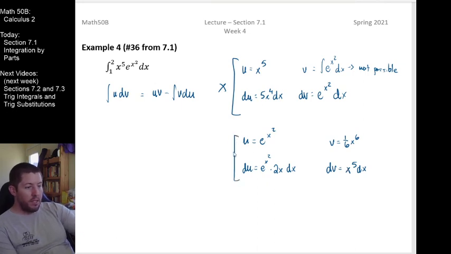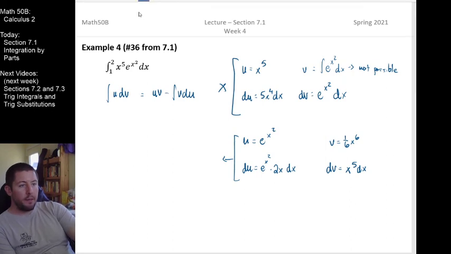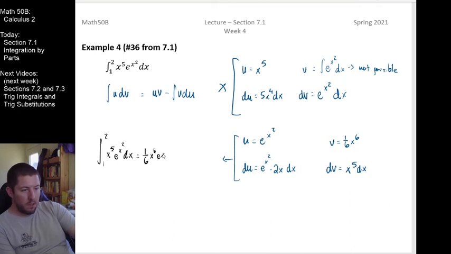And so if we were to do this, then this is going to lead us to say it looks like we're getting the integral from 1 to 2 of x to the fifth e to the x squared dx equals uv, remember that this is evaluated from x equals 1 to x equals 2, minus the integral of v du.